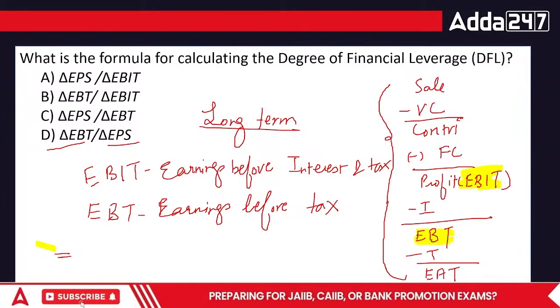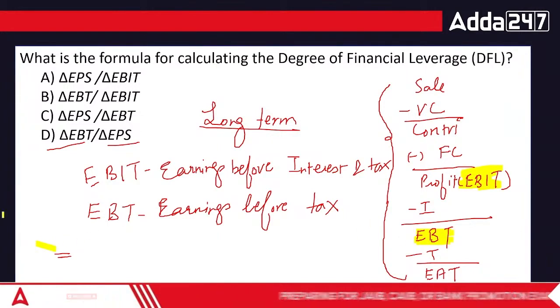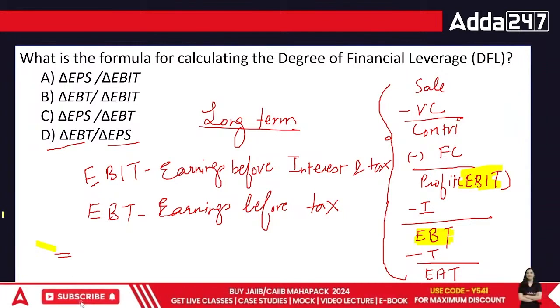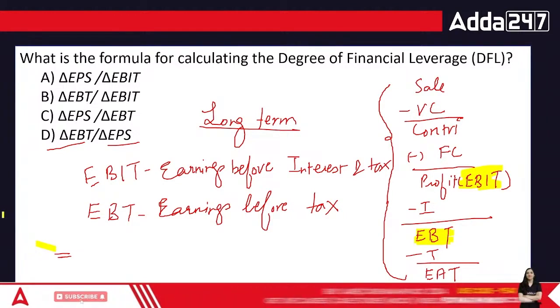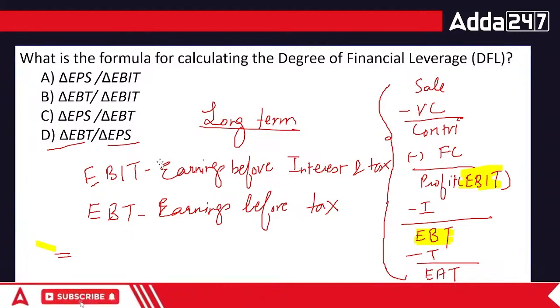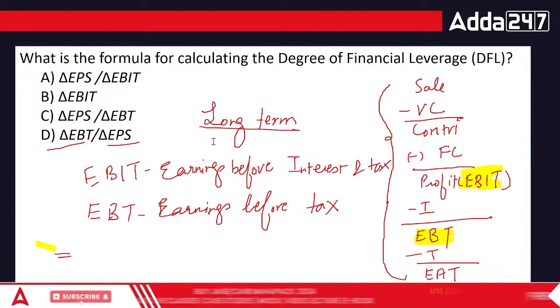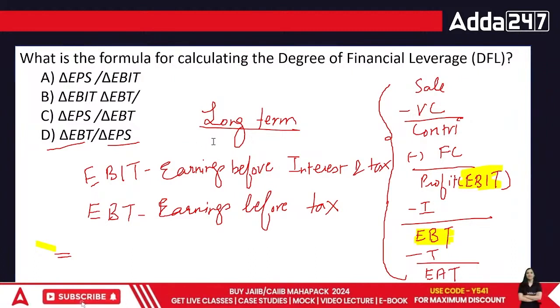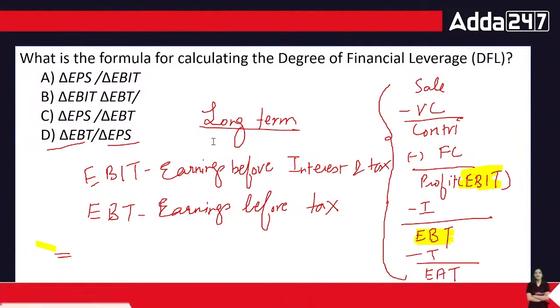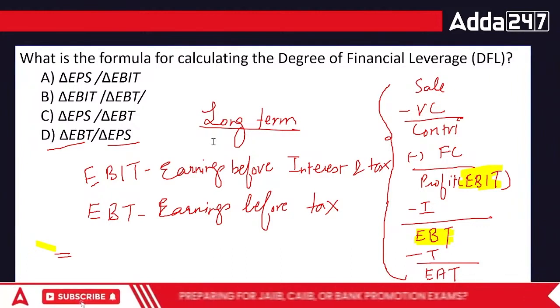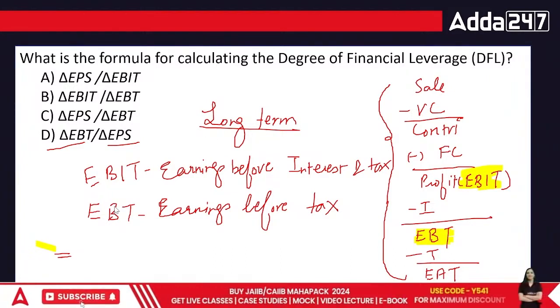It's not given in any of the options, so let me just correct it a bit. It is actually EBIT upon EBT, theek hai? The answer is B.